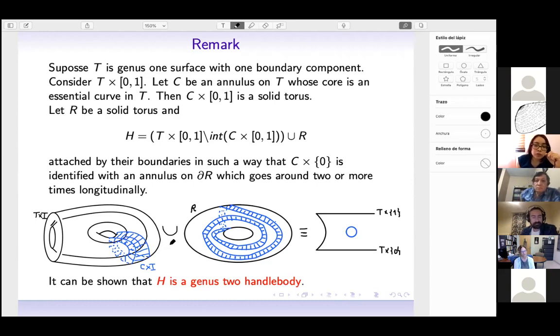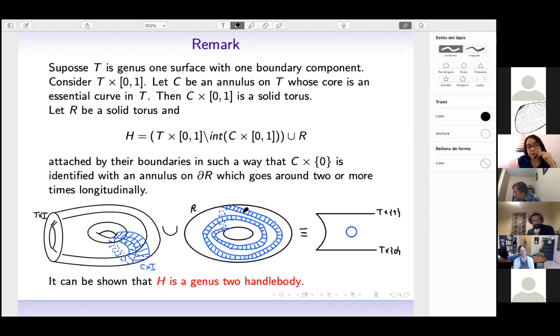So we are going to make a surgery by replacing this solid torus by another solid torus in such a way that C cross 0, this annulus, is identified with an annulus in the torus R, which goes around 2 or more times longitudinally in the boundary of R. So it can be shown that this space is a genus 2 handlebody.